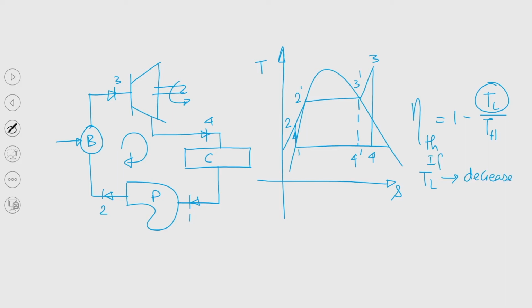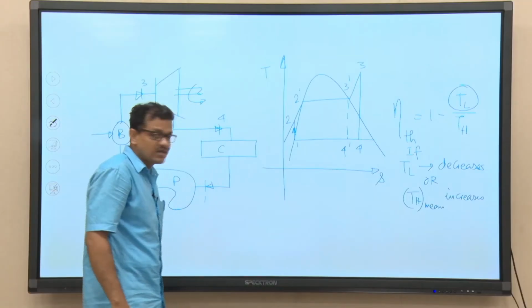if TL decreases or TH increases, there are two ways by which we can increase the efficiency of the cycle.